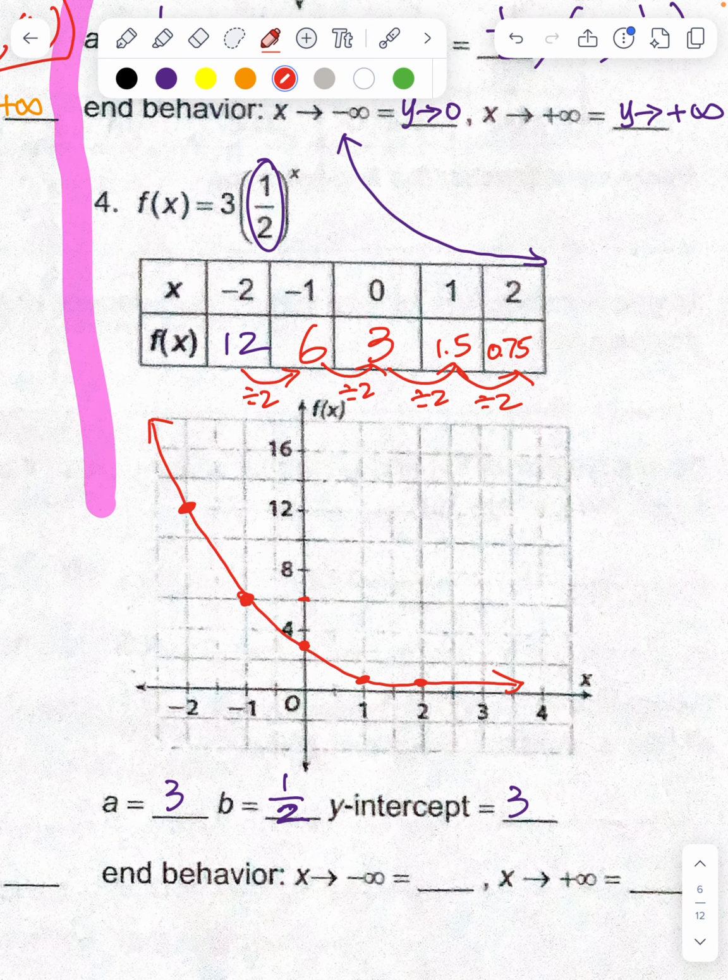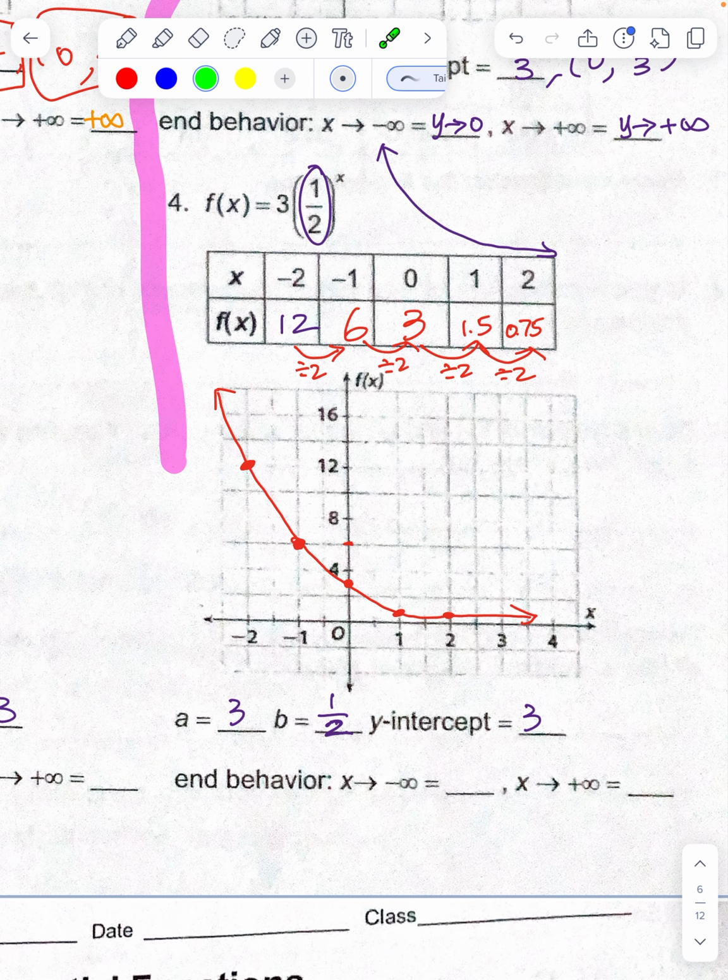Okay, and the end behavior. This one is different. When x becomes bigger and bigger, the graph is reaching the x-axis, so the y value gets very close to 0.